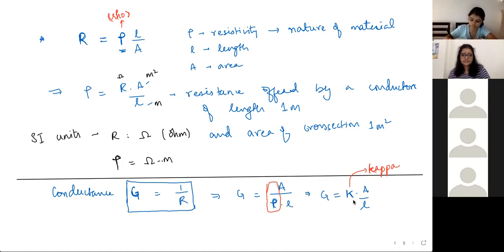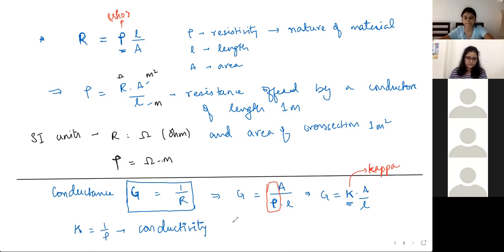Continuing, this new quantity, the inverse of resistivity, K, which is equal to 1 by rho, is called the conductivity. Are you able to see this part of the screen, or should I go to the next page? So resistance ka inverse counterpart is conductance, and resistivity ka inverse counterpart is conductivity.